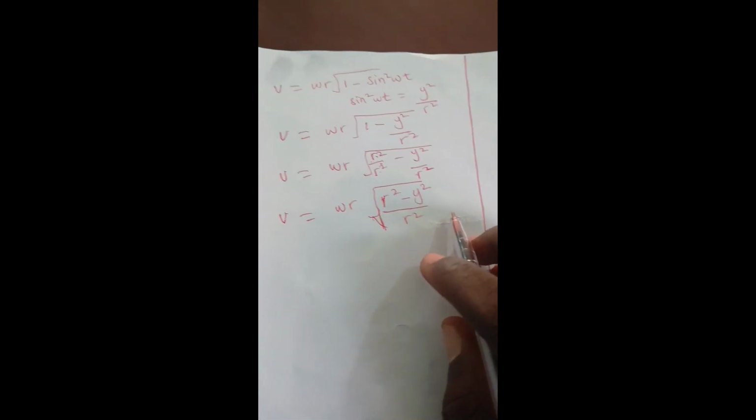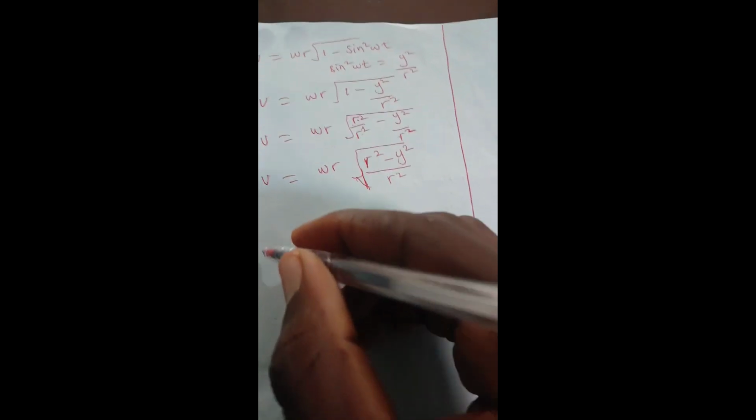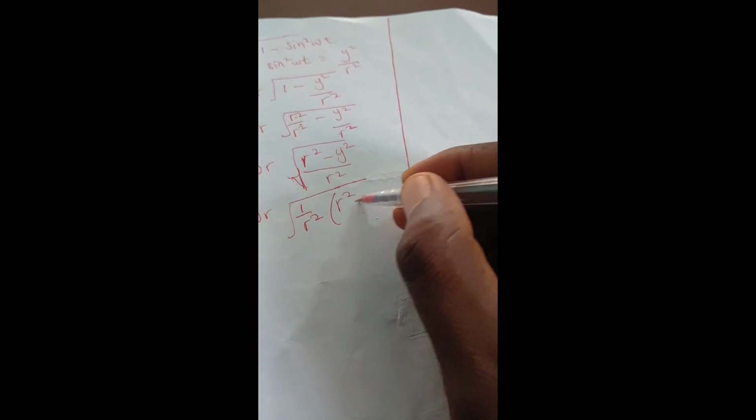This can also be written as v is equal to omega r square root of 1 over r squared, that is, we are factorizing 1 over r squared out, and then we have r squared minus y squared.